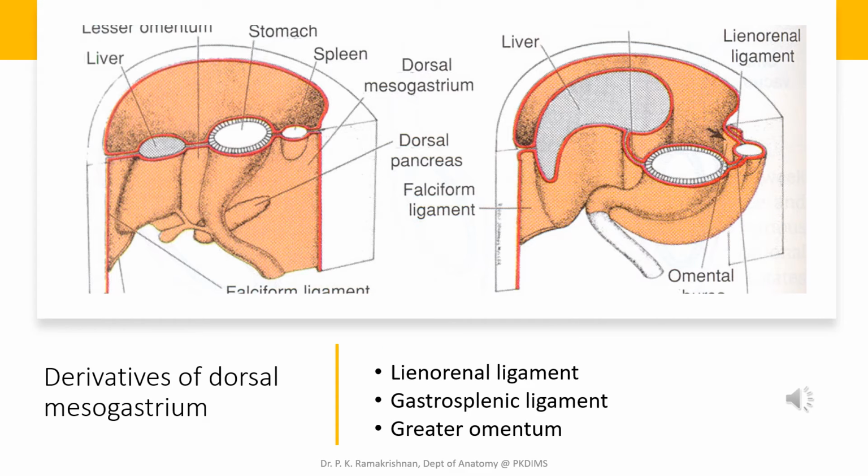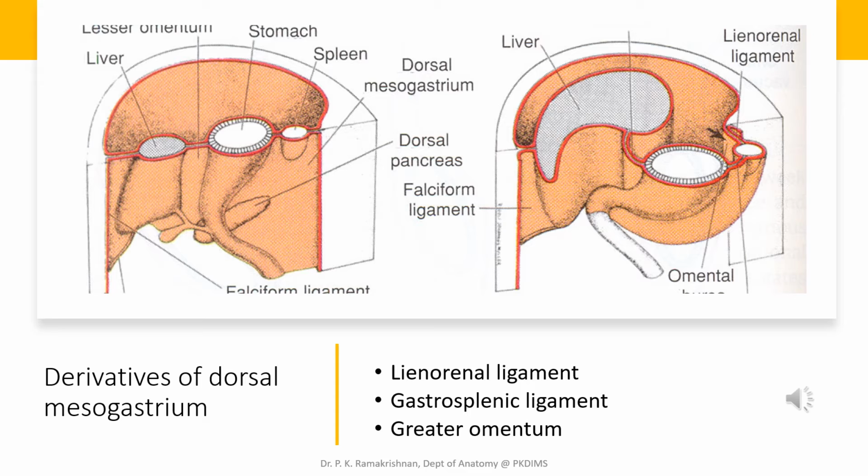Now we will see the derivatives of the dorsal and the ventral mesogastrium in a little bit of detail. First we will see the dorsal mesogastrium.